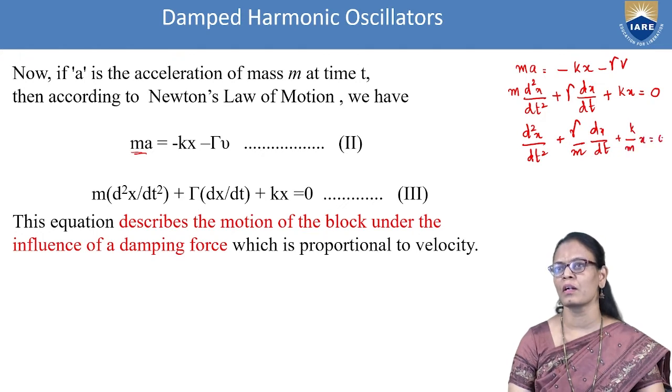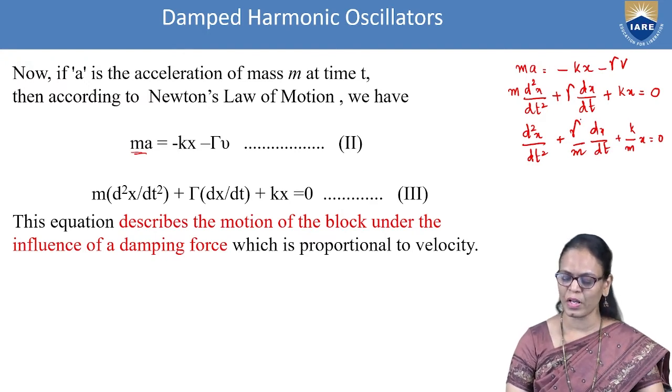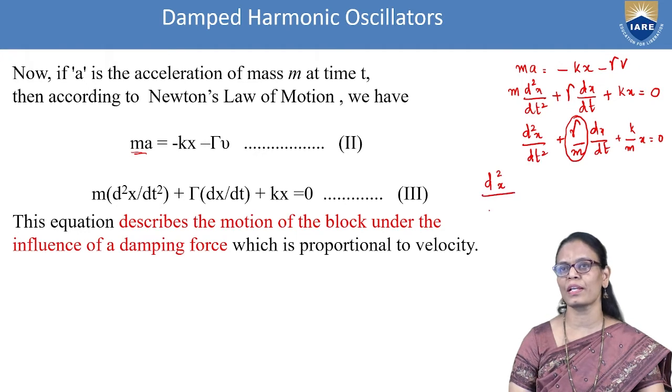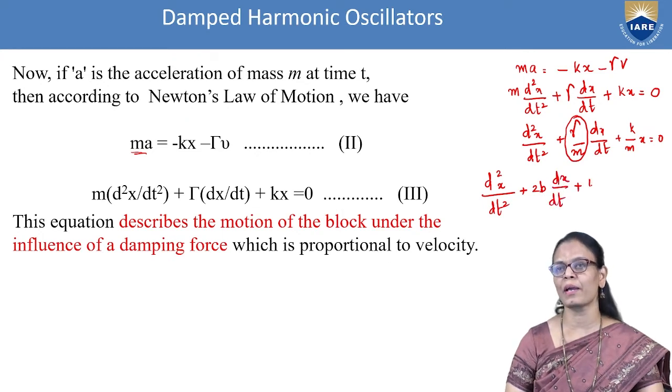Now we are going to substitute: because gamma and m both are constants, instead of gamma by m, we can put 2b. So d square x by dt square plus 2b into dx by dt plus k by m, which is omega square, x is equal to 0.